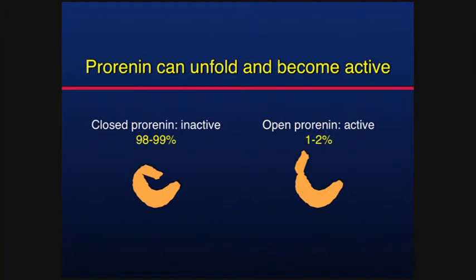Now, the reason we need to talk about prorenin is because prorenin itself has a pro sequence, shown here, which can cover the active site and render the prorenin inactive because the angiotensinogen cannot get there. But a proportion of the prorenin opens up, about 1 to 2%, and this open prorenin is able to be enzymatically active.